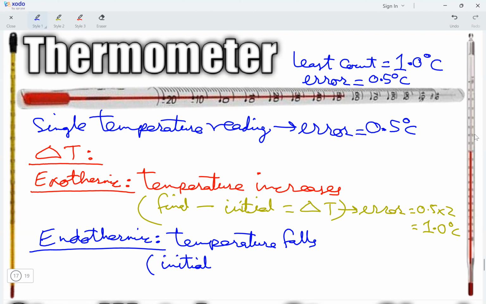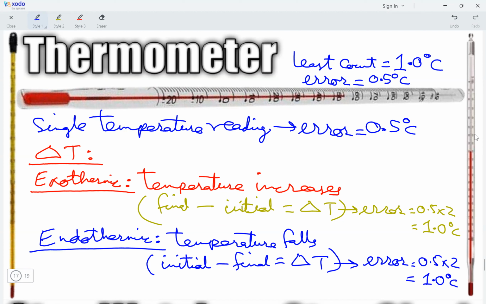So that would give us the difference in temperature between the two readings before and after the experiment, which is equal to delta T. And in this case as well, the error in reading the thermometer would be 0.5 times 2 because the thermometer was read twice, giving an error of 1.0 degrees Celsius.